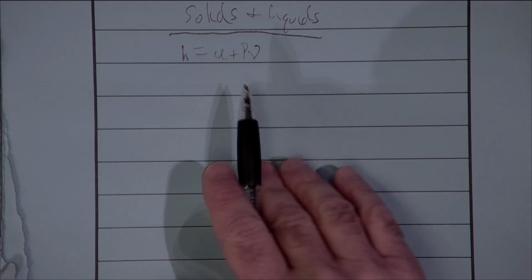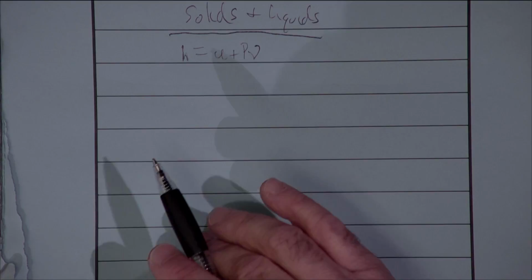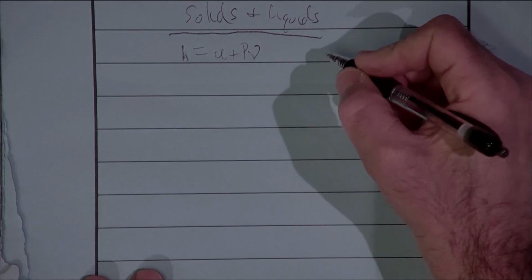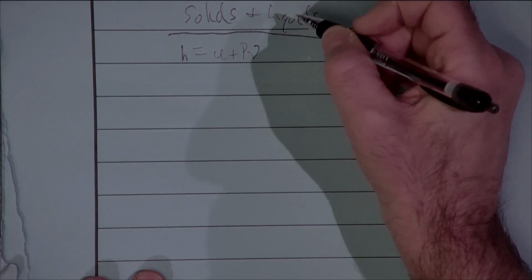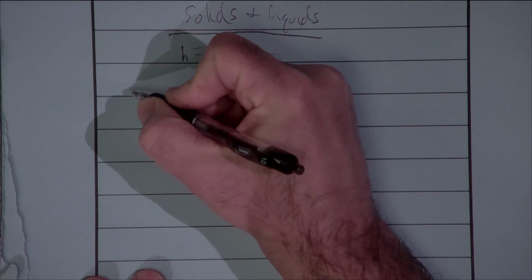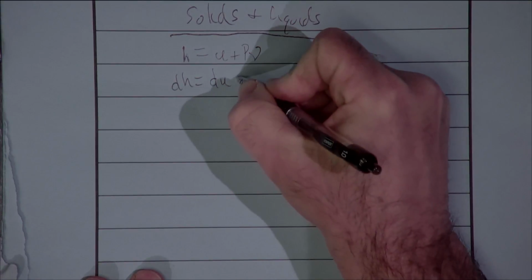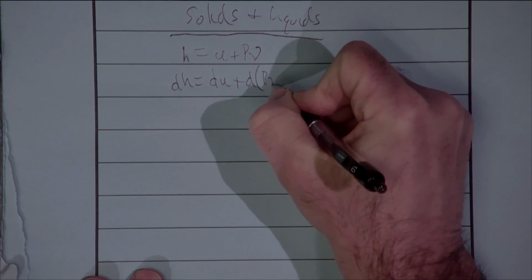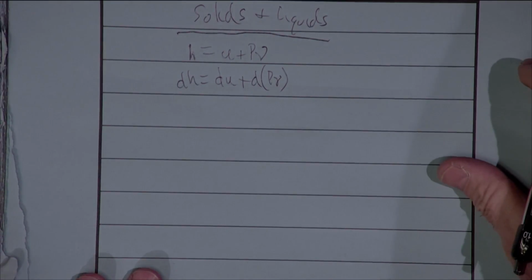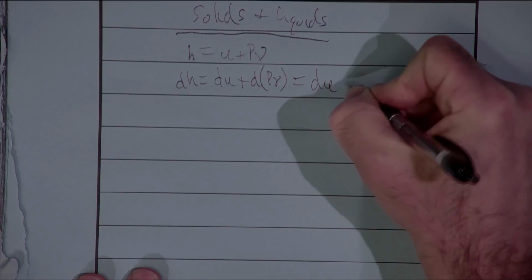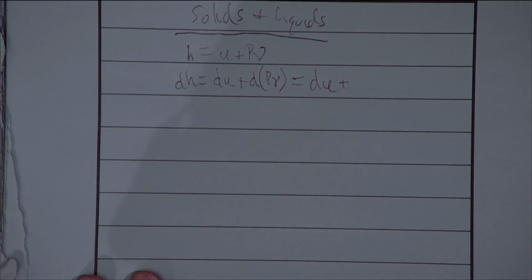So the specific enthalpy is equal to the specific internal energy plus pressure times specific volume. And then what I want to do is write this in a differential form. So I'll write dh equals du plus d(Pv).